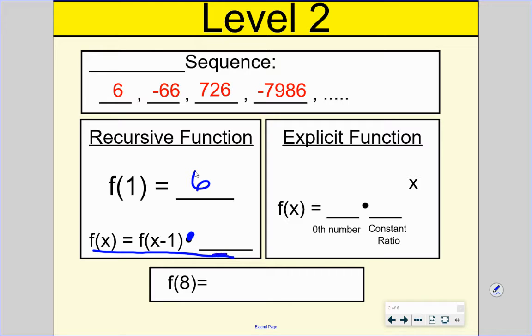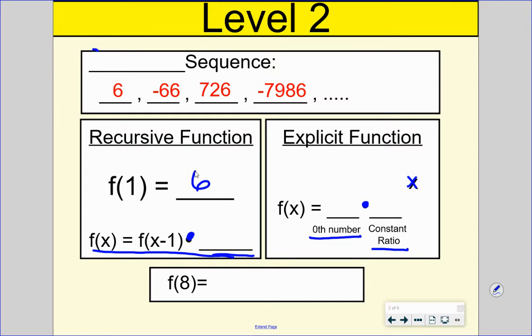We know if we're going to multiply, we have a geometric sequence. The other big hint on the explicit function is that with a geometric sequence, we take our 0th number and multiply it by our constant ratio to the x power. So we have a geometric sequence here.